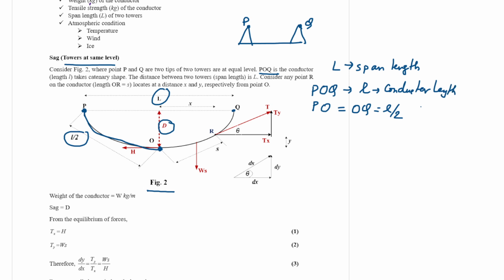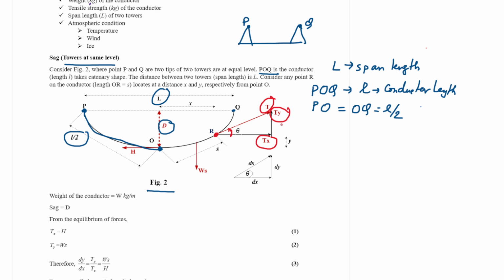Now we consider any point R along the length of the conductor. At this point R, the tensile force acting is T, its horizontal component is Tx, its vertical component is Ty, and this angle is theta.